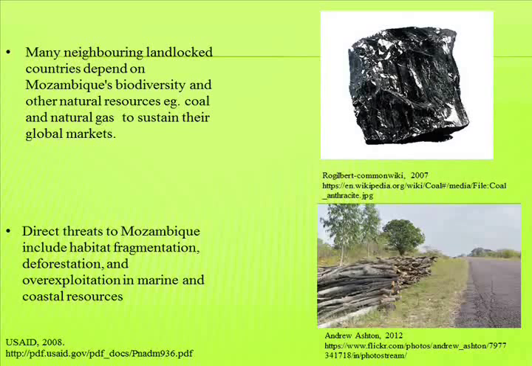Many neighboring landlocked countries depend on Mozambique's biodiversity and other natural resources, such as coal and natural gas, to sustain their global markets. Direct threats to Mozambique include habitat fragmentation, deforestation, and overexploitation in marine and coastal resources.